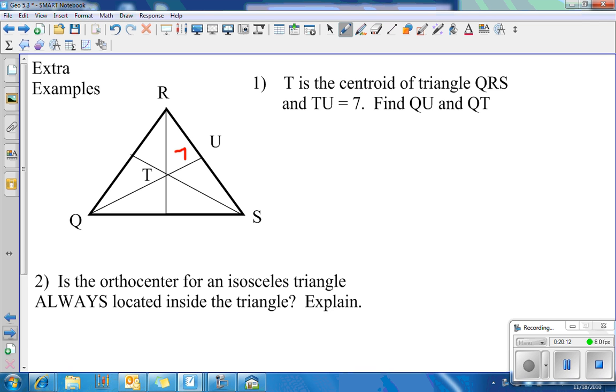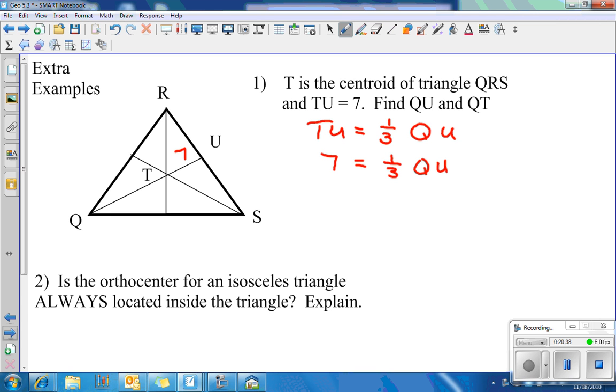What did I say about centroids? One piece is 2/3, one piece is 1/3, right? And remember, the smaller piece is 1/3 of the whole piece. So we know TU, right? What's TU? 7. So 7 equals 1/3 of QU.